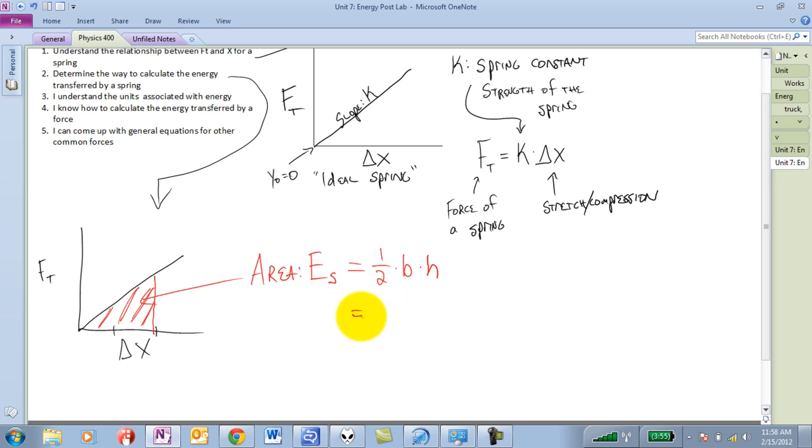We can be a little bit more detailed: we have 1/2, the base in this case is delta x, and the height in this case is FT. Now, this equation works as long as you start stretching at 0 meters and it is an ideal spring. Those are the two assumptions that we have made with this equation.